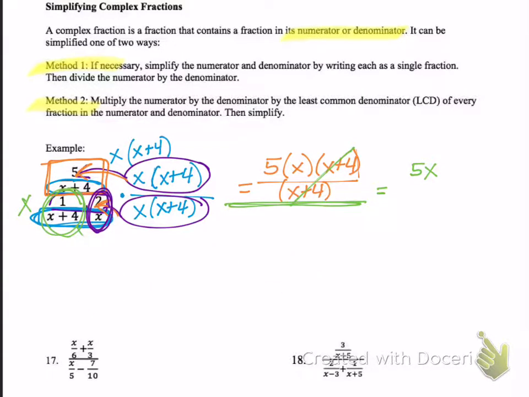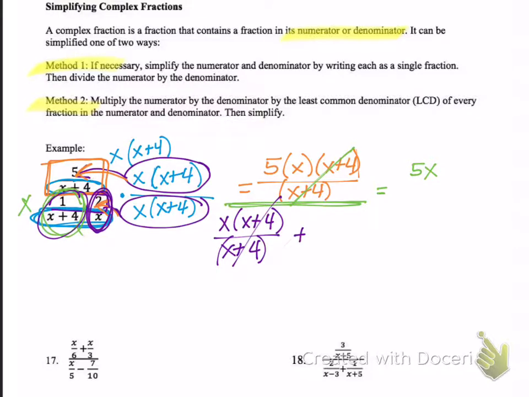I'm going to do it like we did the top. So if we look at this first fraction, the 1 over x plus 4, the x plus 4's cancel, and I'm just left with, if I have x plus 4 over x plus 4, the x plus 4's will cancel. What happened to the 2? Then I'm going to distribute it to the 2 as well.